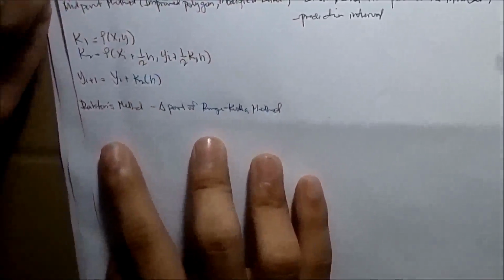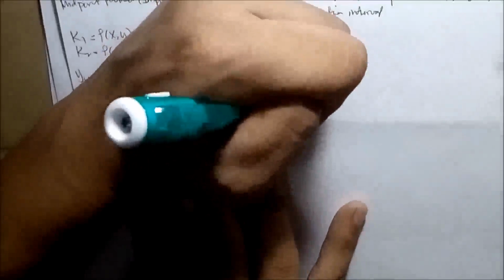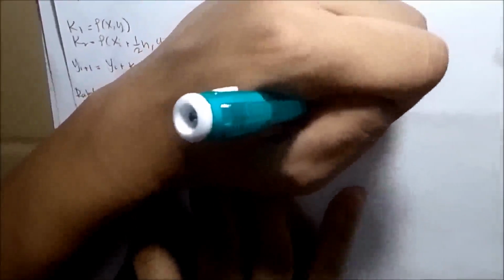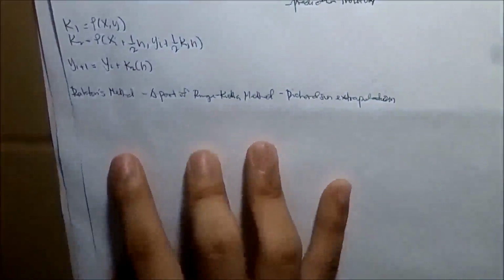By approximating the solution of the initial value problem, it uses the Richardson extrapolation in determining the root required.